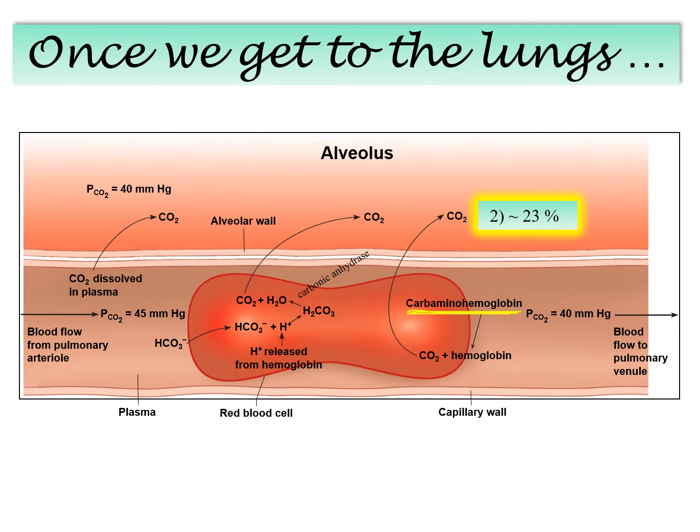Remember, this is in the red blood cell. And that CO2 is then free to diffuse across the respiratory membrane, moving from, again, a higher partial pressure, 45, to a lower partial pressure, 40. So there goes the 23% or so of the CO2.